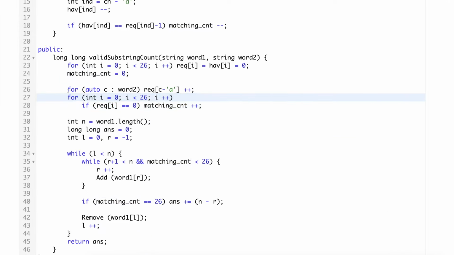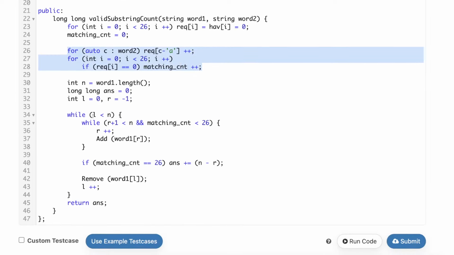Once you have both of these populated, you will start with your while loop, and you will go on trying out different possible values of R until your is sufficient is not true. And as soon as your is sufficient is true, you will break out from the loop. Inside the loop, you will simply add one more character to your current subarray, right?